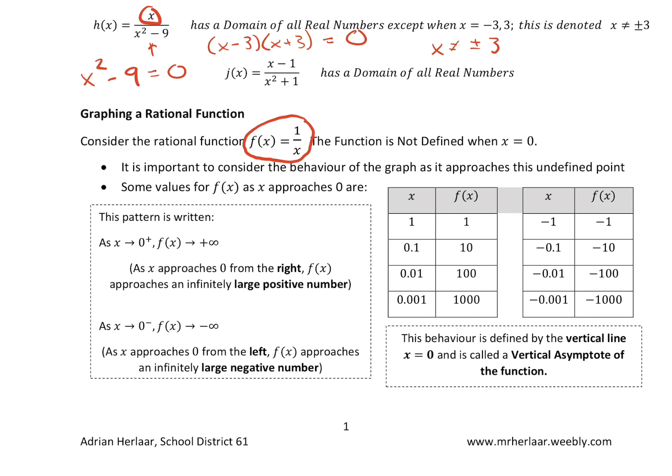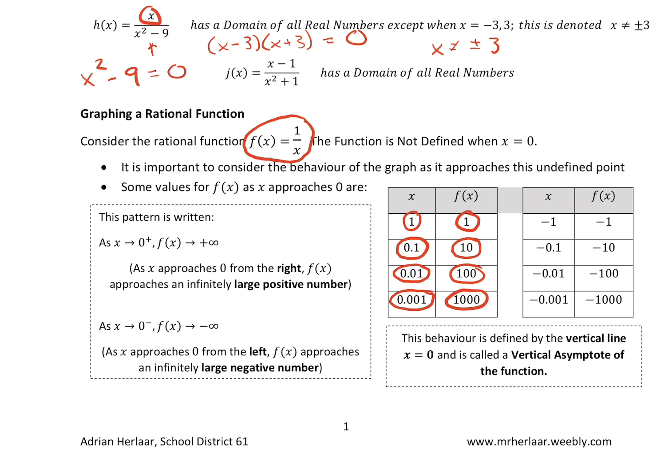Look at it as coming from the negative side and the positive side. So if x is 1, 1 divided by 1 is 1. If x becomes 0.1, if you divide by 0.1, you get 10. If you divide by 0.01, you get 100. If you divide by 0.001, you get 1,000.